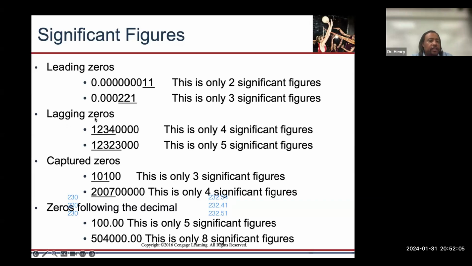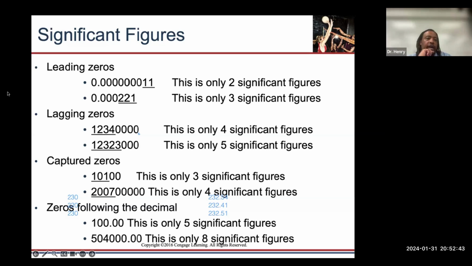Now, in the case of lagging zeros, again, they're placeholders. They're there to let us know the value of things, but the non-zero numbers are going to be the significant numbers. Since there's not a decimal point here, these numbers aren't considered to be significant. As soon as we put a decimal point after that last zero, those numbers become significant, okay? That lets us know that we're sure about these numbers. There's no uncertainty associated with them because we took that extra time to put the decimal point there.